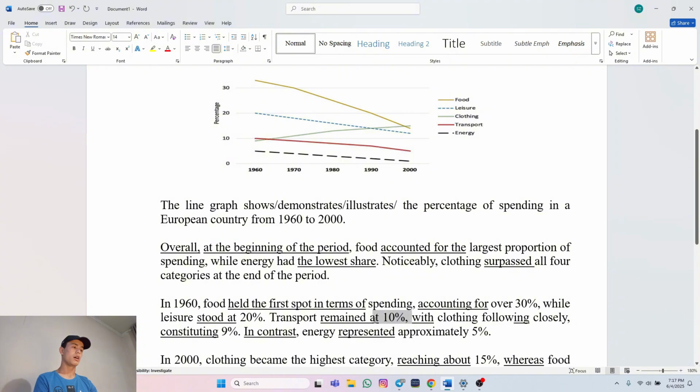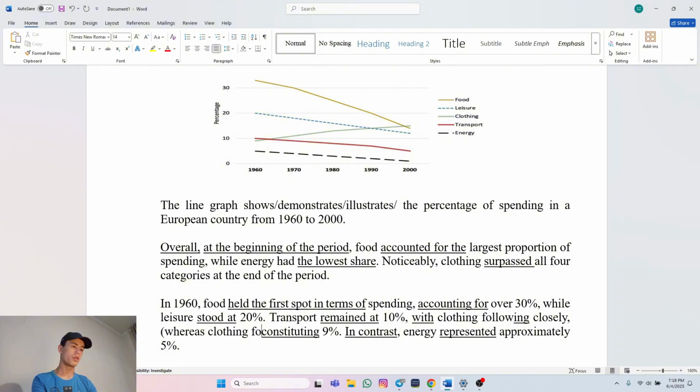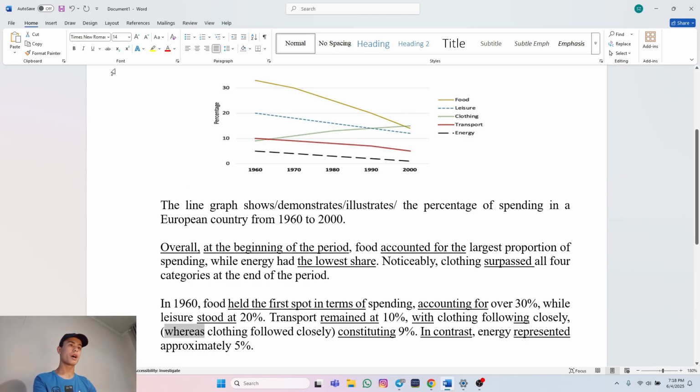Yes. And with clothing following closely, okay, instead of this, if you use, let me open a bracket, while or whereas, clothing followed closely. If you use whereas, you don't have to add ing to the verb.